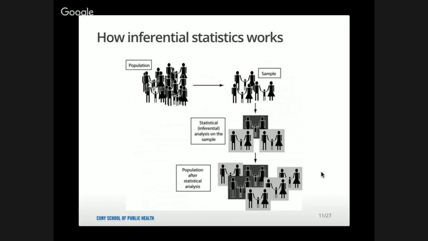So if it's a simple random sample, and you've drawn 0.1% of your population, then every person in your sample is going to represent 1,000 people in the population.